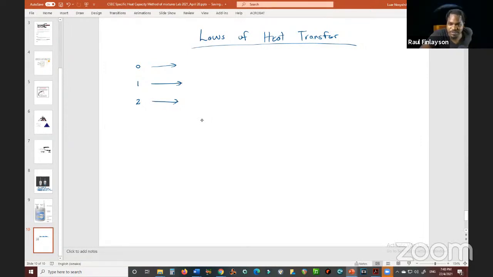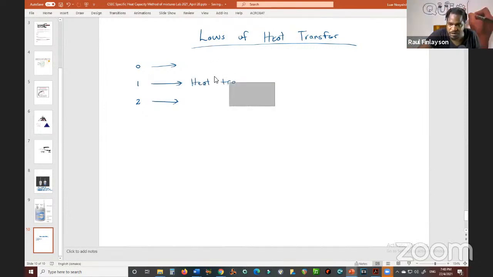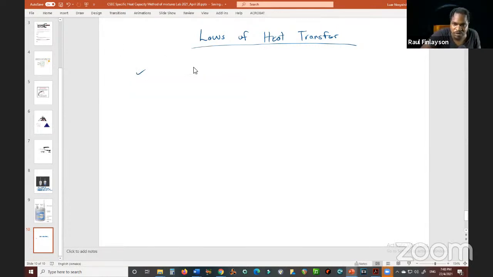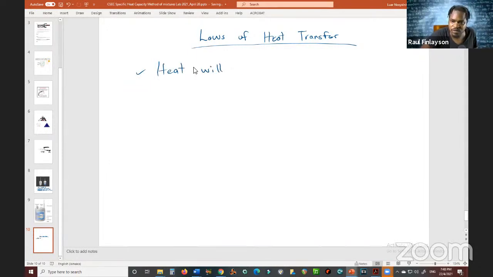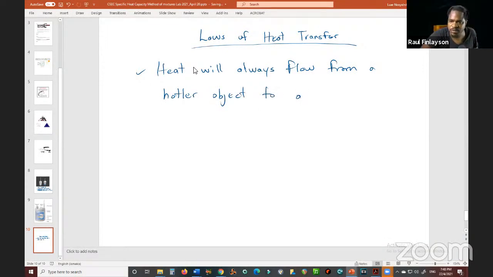Well, the first law of heat transfer states that, as a matter of fact, let's just get into the nitty-gritty here. At SHC level they don't really pressure, but one of the laws is that heat will always flow from a hotter object to a colder one.